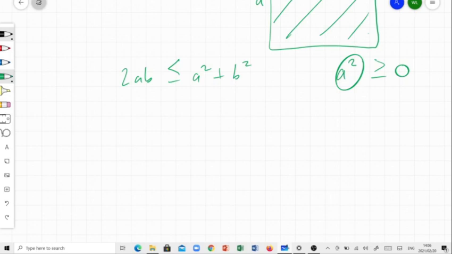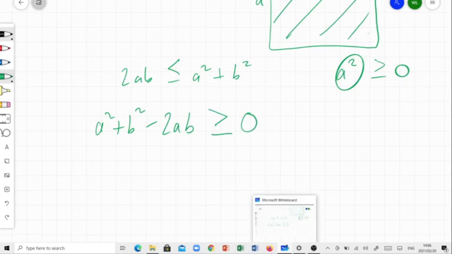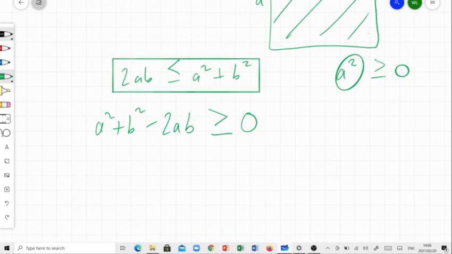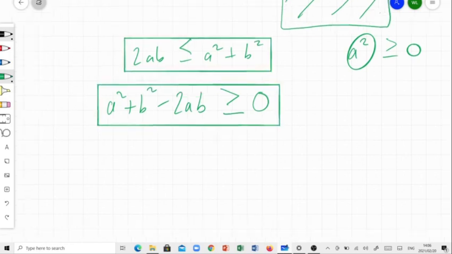In this case, I can minus 2ab on both sides, and then I get a squared plus b squared minus 2ab is bigger than or equal to 0. So proving this is identical to proving that.